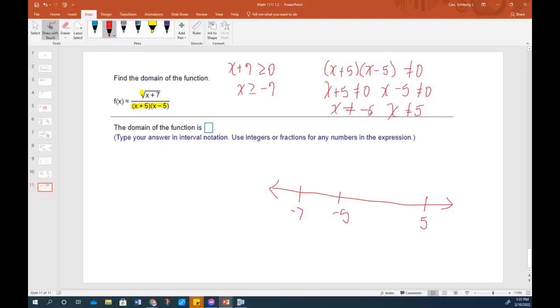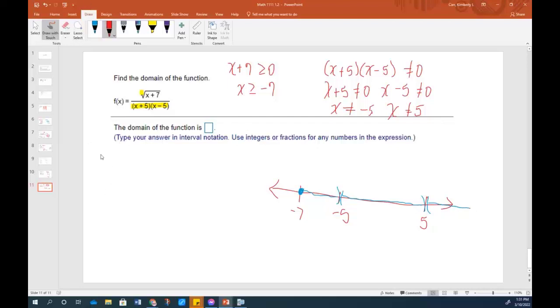Now, I cannot use -5 or 5. Those are values that I'm going to have to skip. Okay, I can't use those. I can use -7 and then head to the right. So I'm going to go to -7 to -5 and then skip over it, do the parts between the -5 and 5, skip over, and then do the other part.